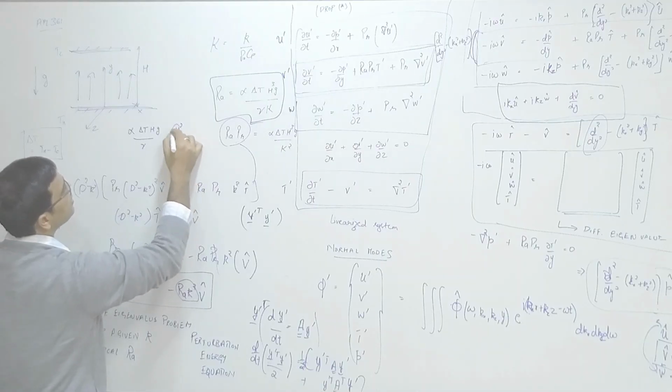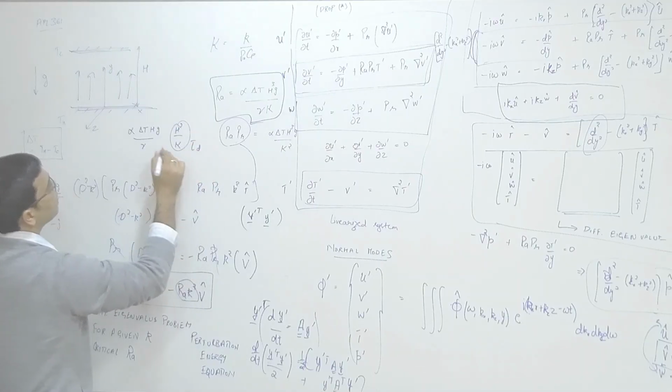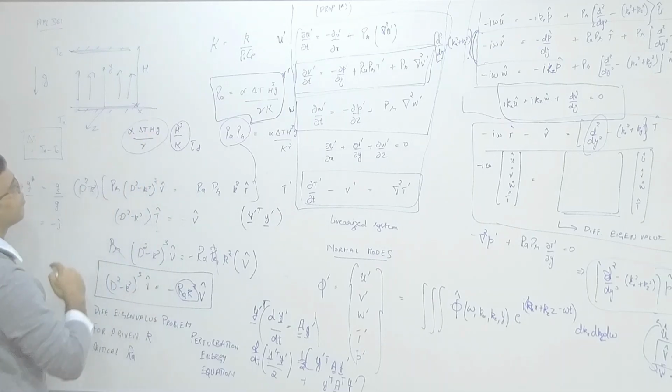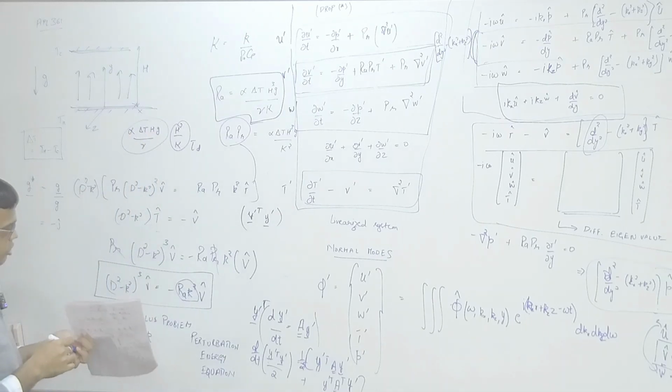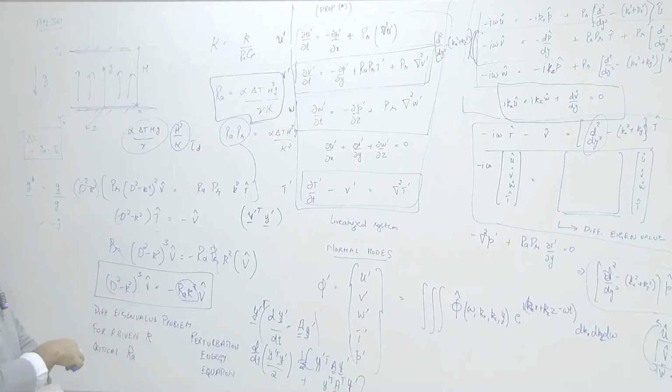Let's call this as tau d. How can I look at this scale? What is this scale trying to communicate?